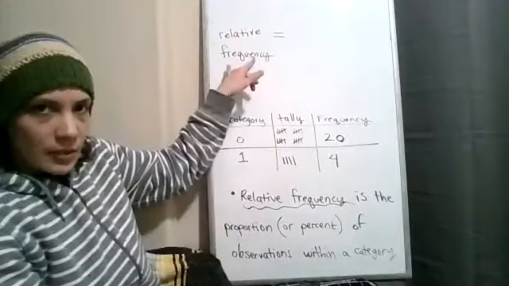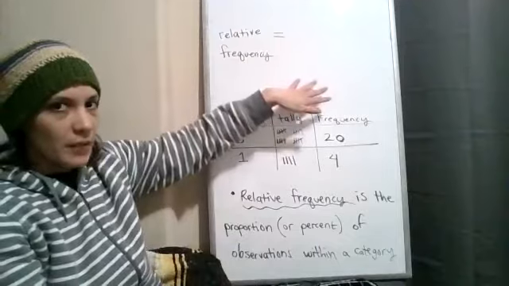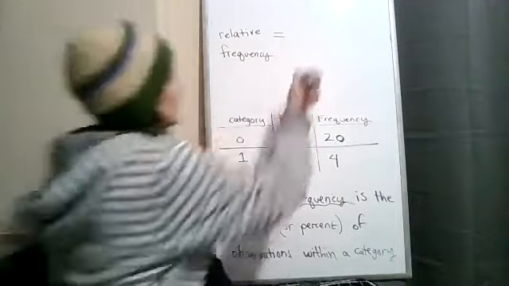When you get your relative frequency, you just take the frequency and then divide by the total number of occurrences.